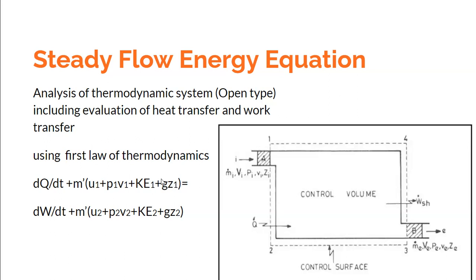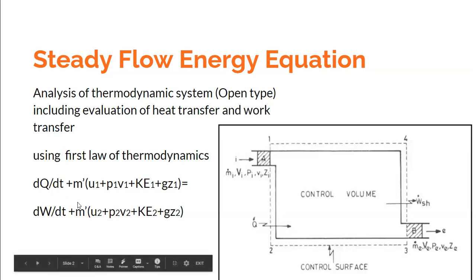So these terms are the energy entering the control volume. There is also energy in the form of heat entering the control volume, which is Q dot or dQ by dt. So this is the energy into the control volume.